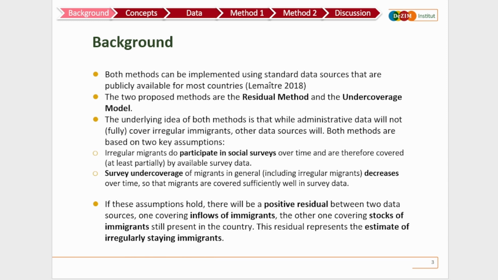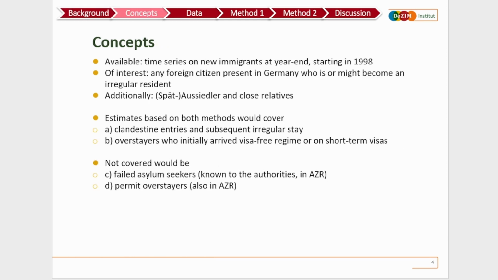We tested it with a time series on new immigrants or recent immigrants to Germany starting in 1998. Foreign citizens, and also separately we ran several dozen models with and without Aussiedler, which is a category specific to Germany of ethnic Germans that were granted special status, and there are still some inflows.